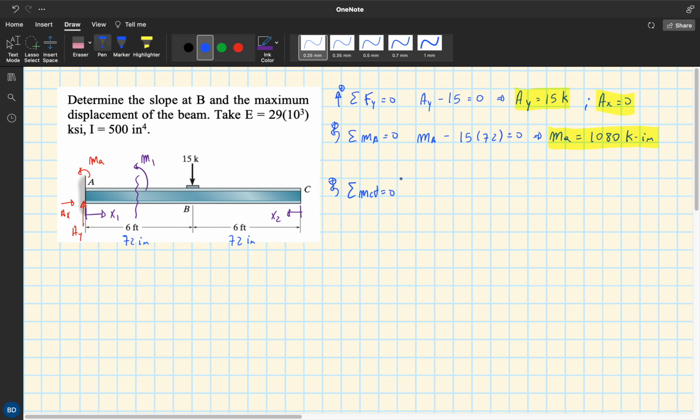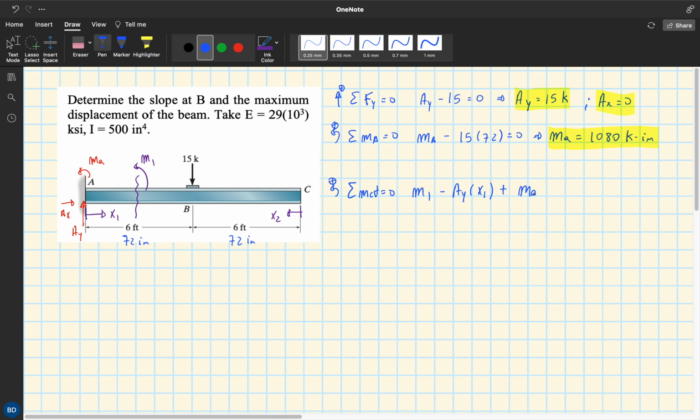So if you do it, we have M1, and then we have the distance x1 with respect to AY, and this is going to create a clockwise moment, so we have negative AY times the distance, which is x1, and we also have the MA, which is a positive moment, and MA we calculated here.